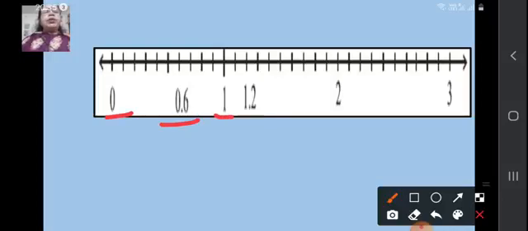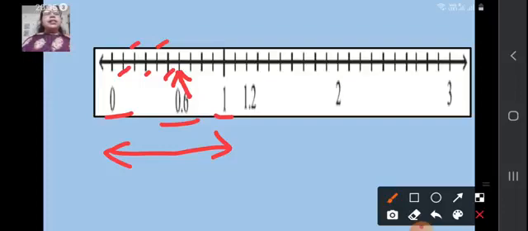The gap between 0 and 1 is divided into 10 equal parts and the first one represents 0.1, then 0.2, 0.3, 0.4, 0.5 and then this one is 0.6. This one is 0.6. Then 0.7, 0.8, 0.9 and then 1.